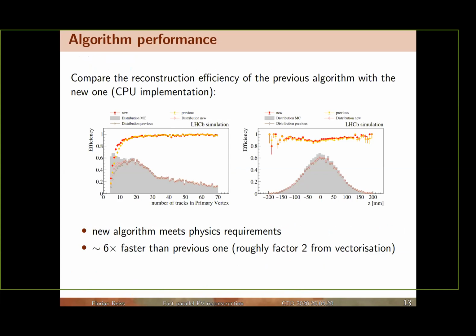You can clearly see that the new algorithm meets or even exceeds the physics performance requirements and turned out to be about 6 times faster than the previous one, where we gained roughly a factor 2 from vectorization.